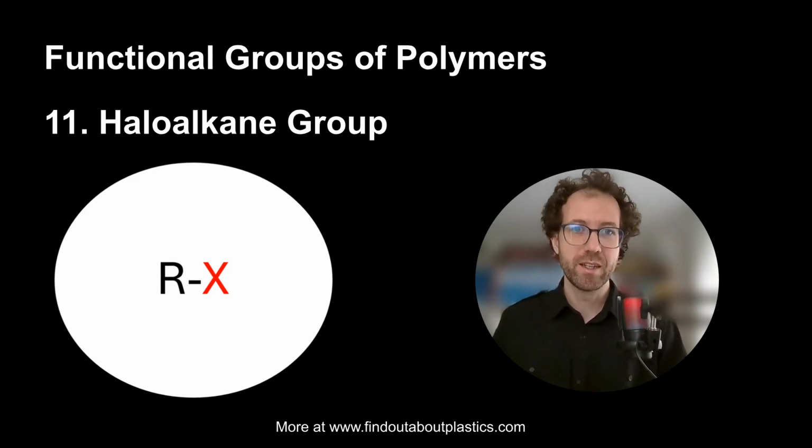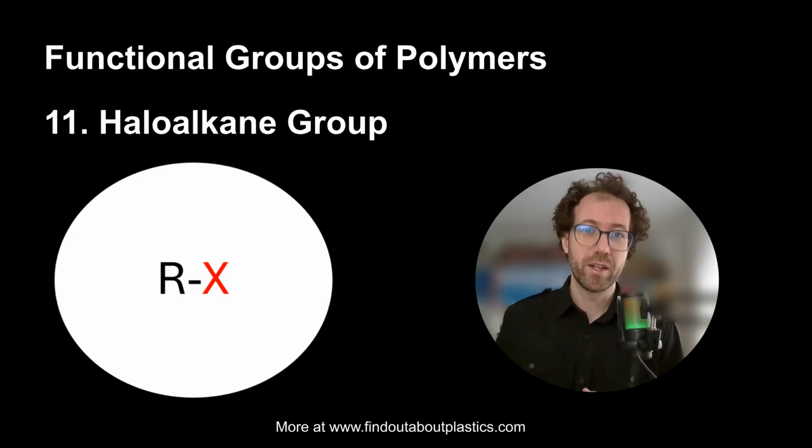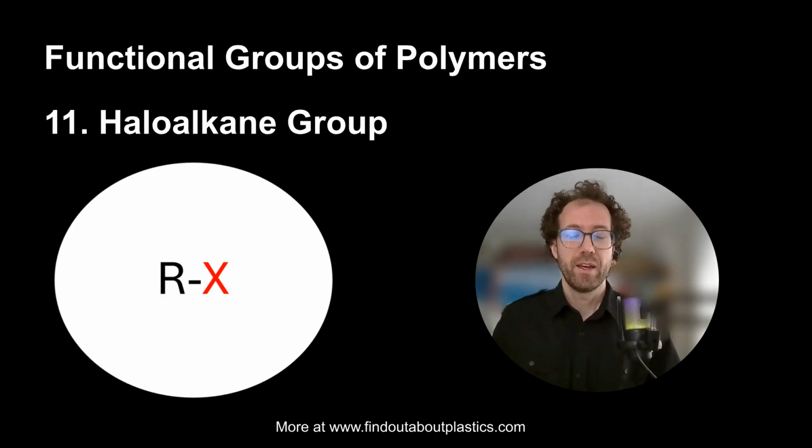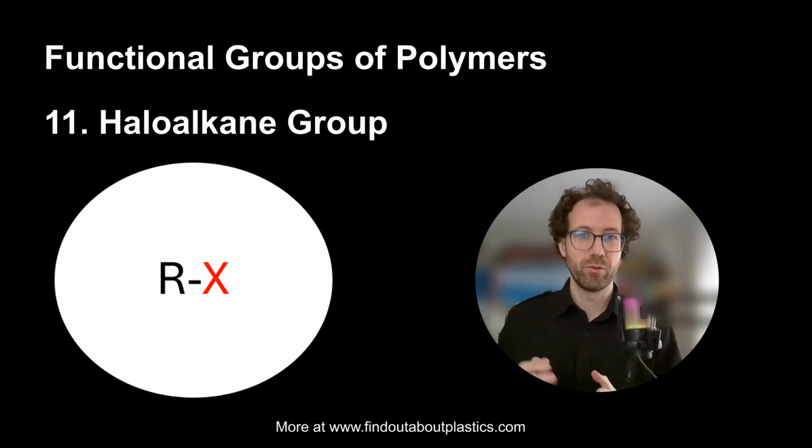What that provides us is increased flame retardancy, so, for example, chlorinated polymers. We also have good dielectric properties and higher density. Examples are polytetrafluoroethylene, PTFE, or PVC, polyvinyl chloride.